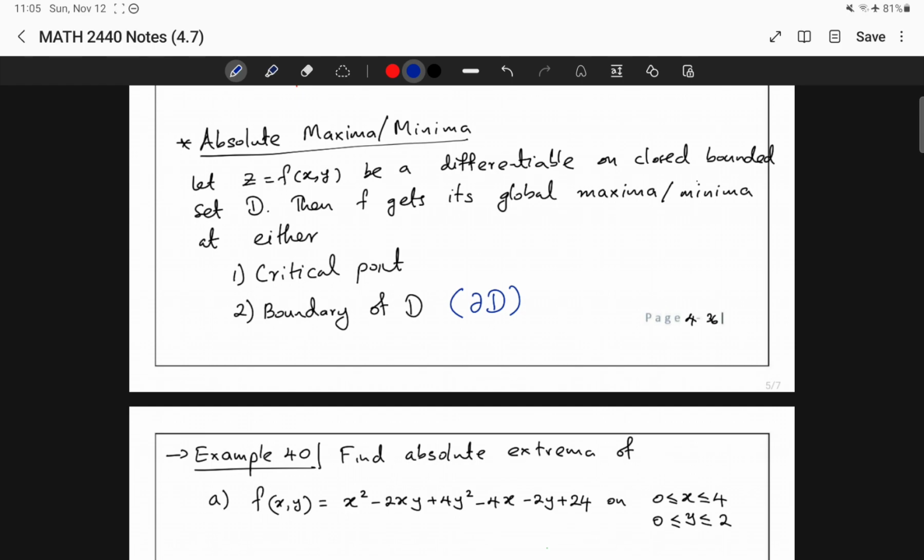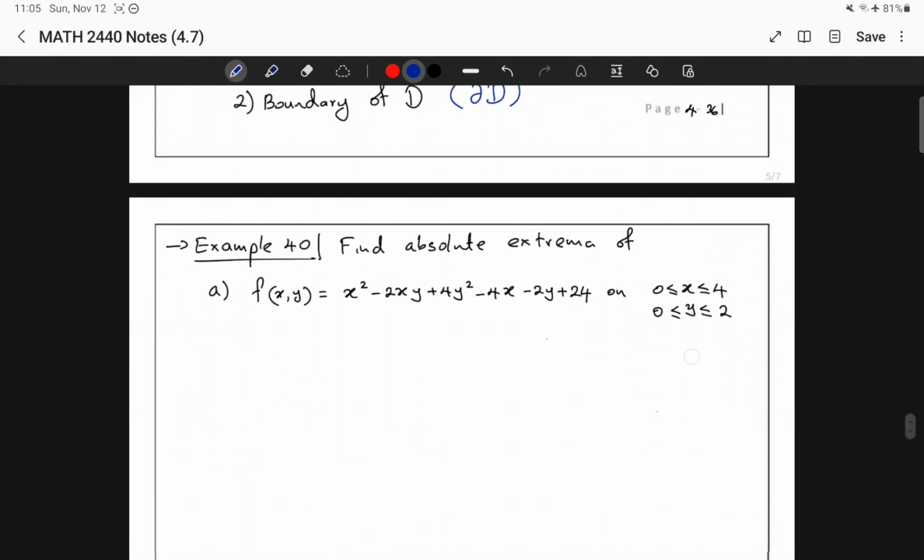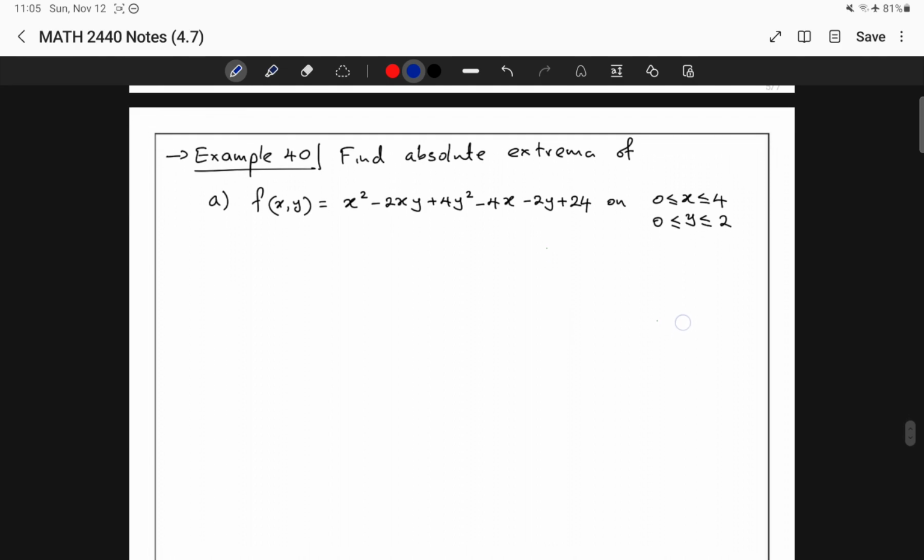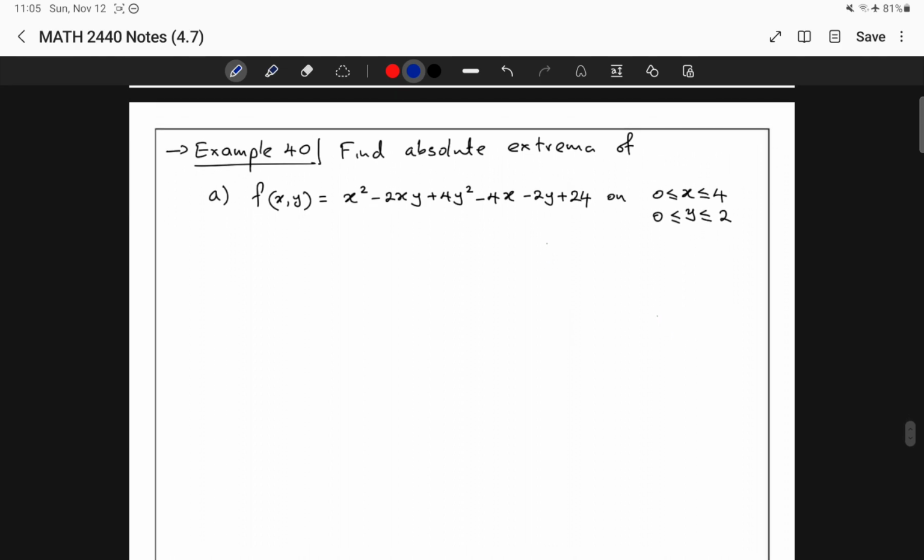Now we will do an example. This is the last example we will do for this section, but it is a little lengthier, so I have dedicated 2 pages for that example. So let's go through it.